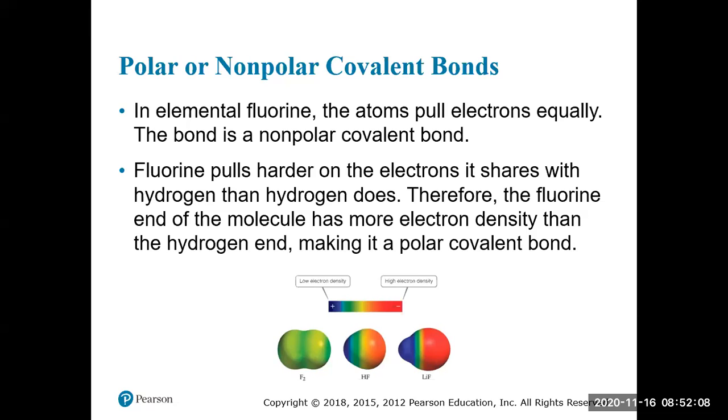Just by looking at this color coding, we see that for F2, it's pretty much the same color across. What that tells us is that those two fluorine atoms are equally sharing the electrons. Since the electrons don't favor one of the atoms, we would say that's nonpolar. So in other words, equal sharing of electrons equals nonpolar.